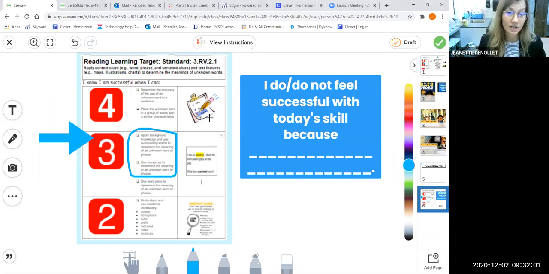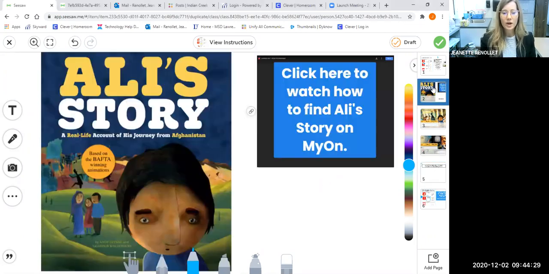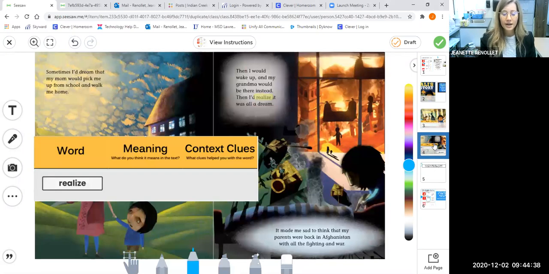And what clues did you use? So when it is your independent work time, if you want to listen to Ali's story again, you may. You will complete slides 3 and 4 to complete the chart, writing what you think these words mean and sharing what clues you used from the text to help you.